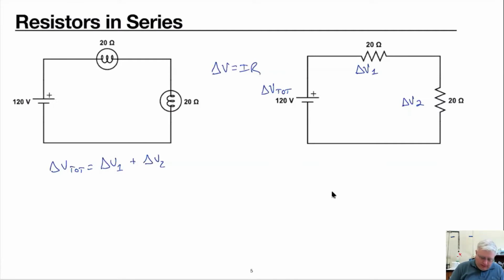Like I said, in terms of Ohm's law, it would be I, the current, times the resistance of resistor 1. We can call this resistor 1 and this resistor 2, R1, R2.